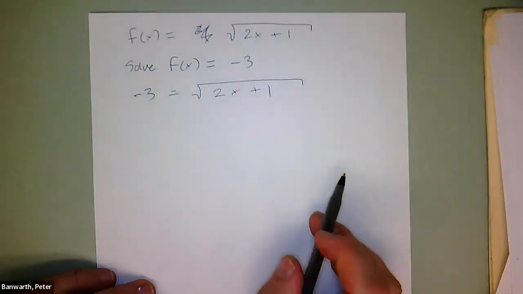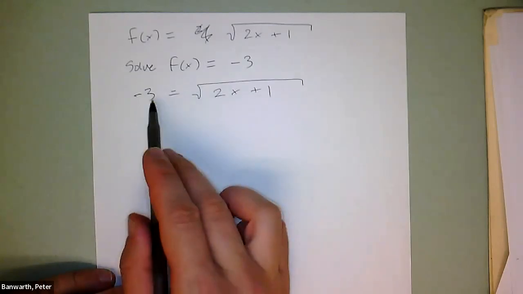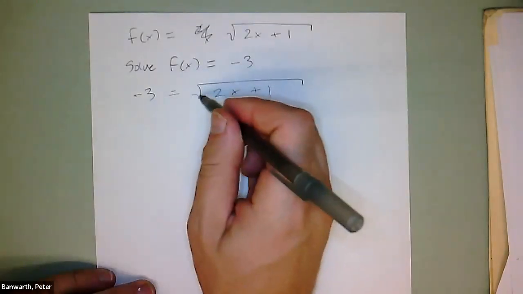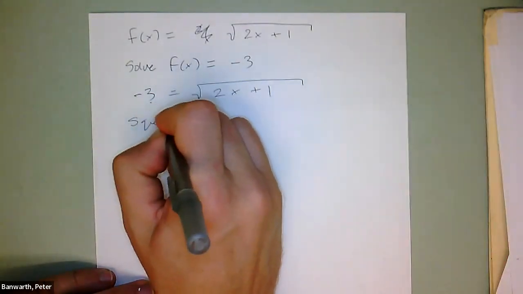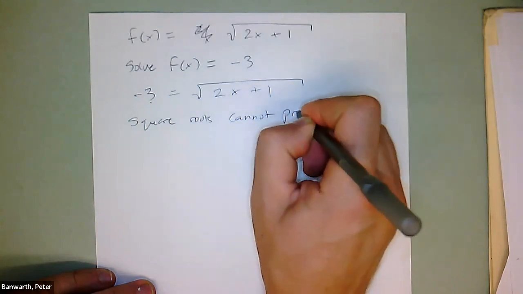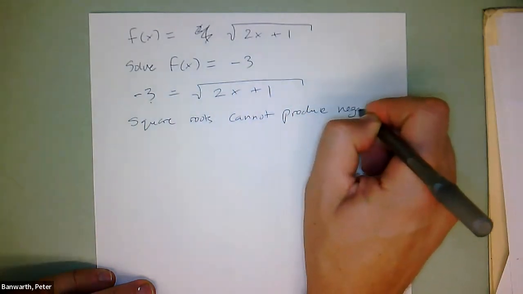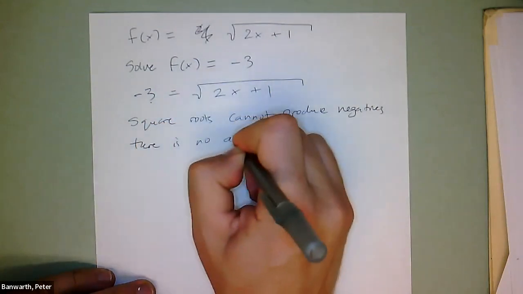The way you catch a possible false answer is you ask, could this ever be true? Could it ever be that the square root of something gives you a negative number? Square roots cannot produce negatives, so there is no answer.